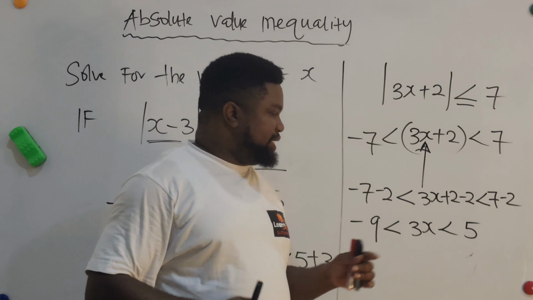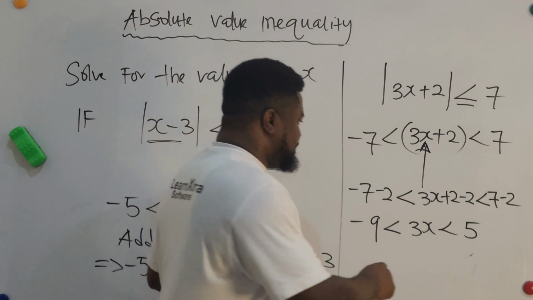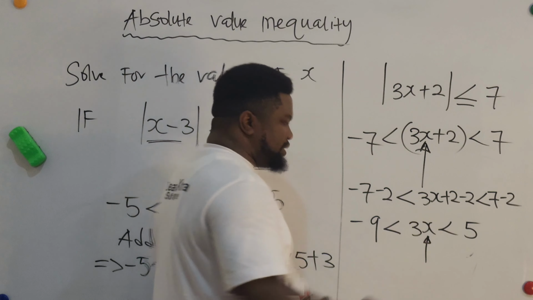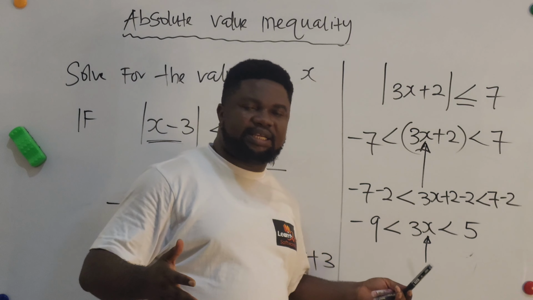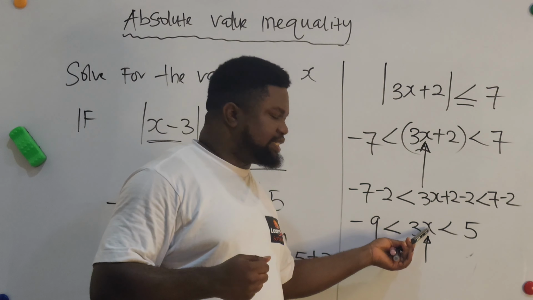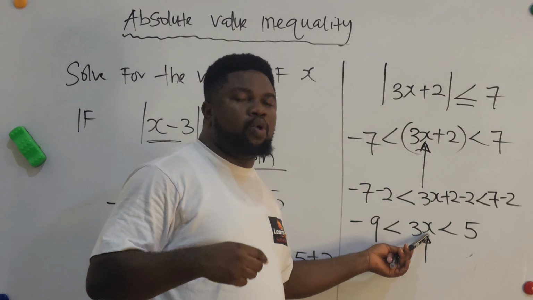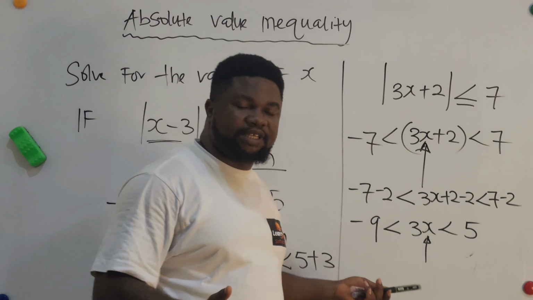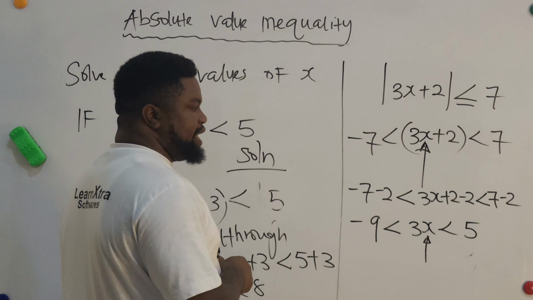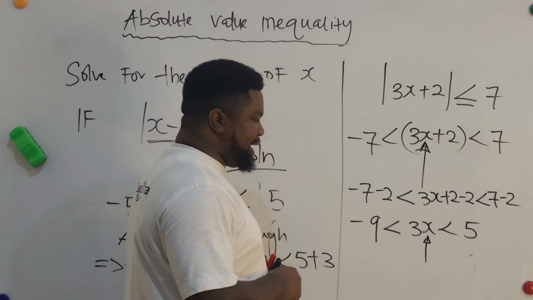The aim is to make only x stay alone here. So what do we do next? 3 is attached to x. We have to remove that 3 to get only x in the middle. Once we can get only x in the middle, we have solved it. So we'll go ahead and divide all through by 3.